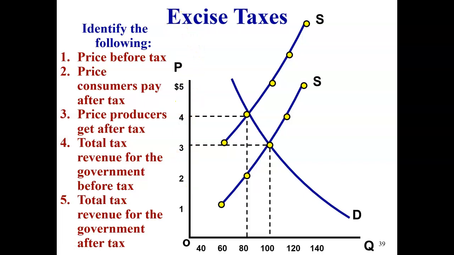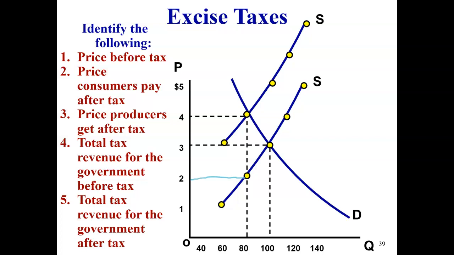And as a result, we can draw in the price for the producers, okay? If we draw in the price of the producers, we can see what the tax revenue will be. We can also get a sense of how much of the tax revenue is being borne by the consumer and what's being borne by the producer.